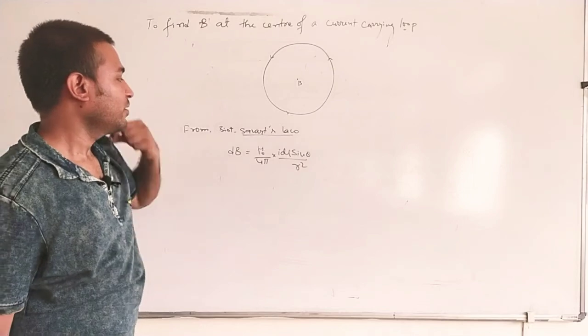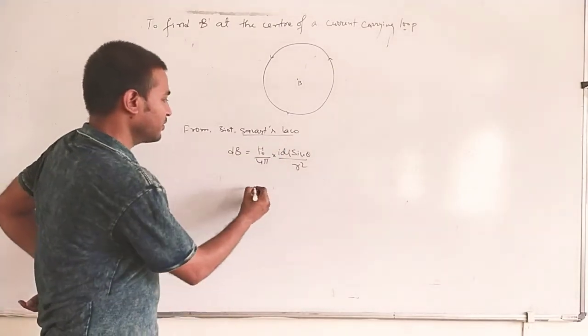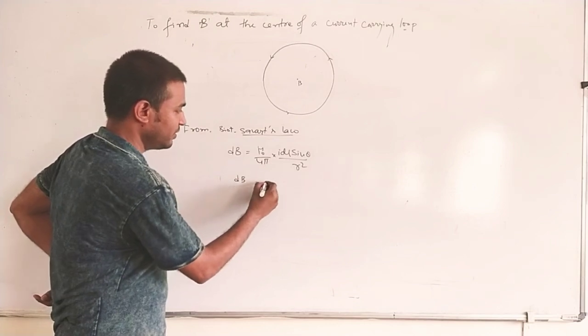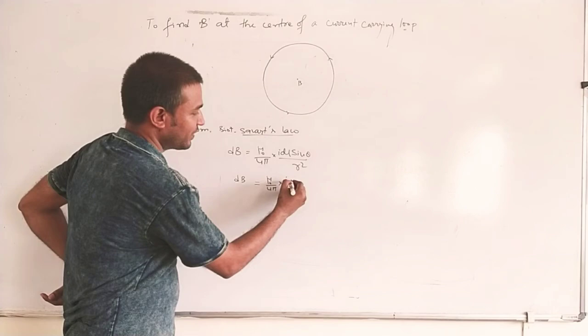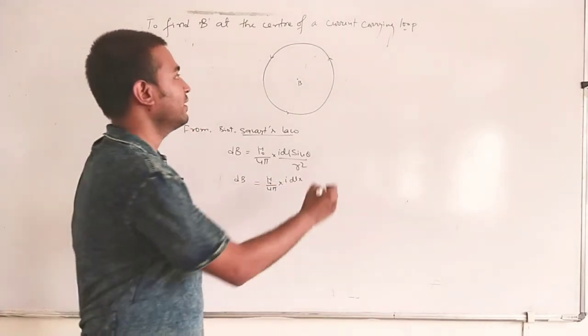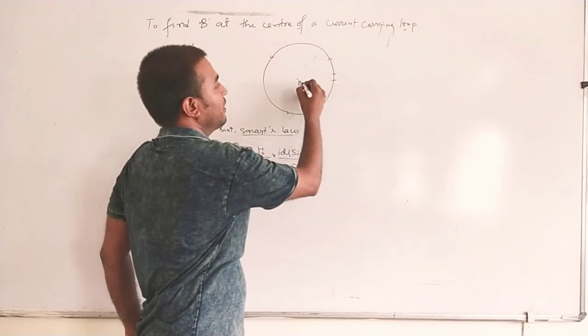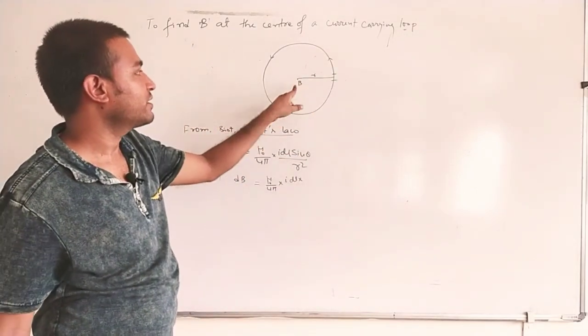Now dB will be equal to mu naught by 4 pi into I dl. What will be the value of sin theta? Let us take a very small element and find the magnetic field at the center.